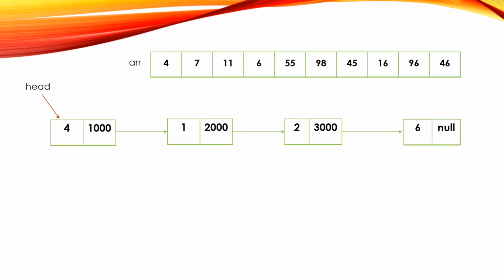Now here we can see that 4 is added in the beginning of the list, and the head pointer is shifted from 1 to 4, and along with 4 we have the address of 1, that is 1000. Then with the node 1 we have the 2000 address that points towards 2, and then we have 3000 that points toward 6.